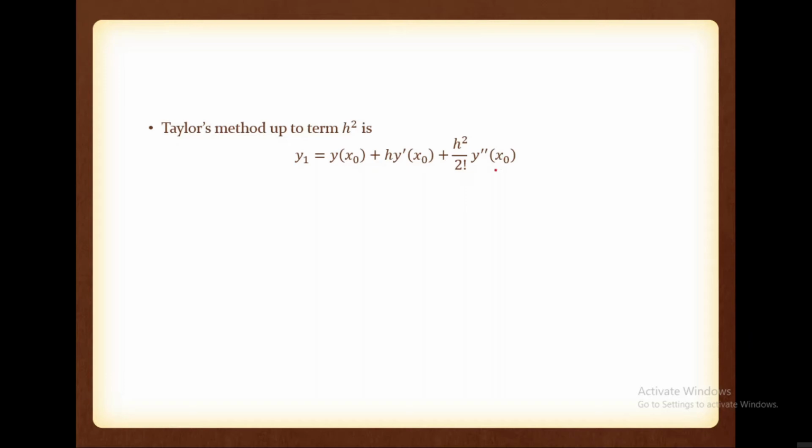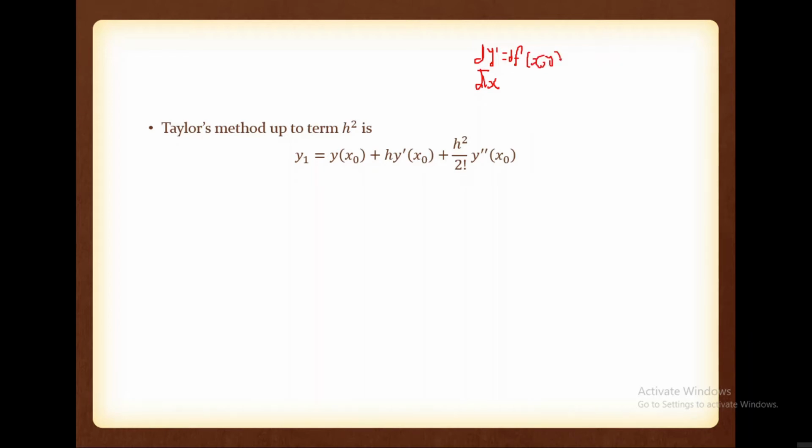Forget about x0. Y dash is f of x comma y. So what is y double dash? It is the derivative of this term, d by dx of y dash, so this is actually the derivative of f of x comma y.